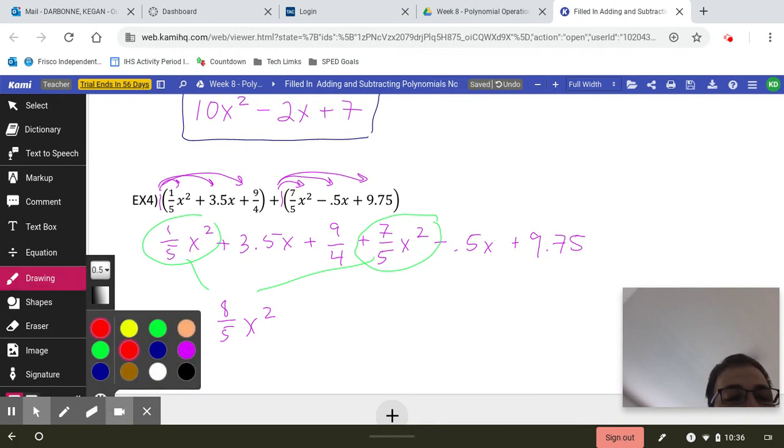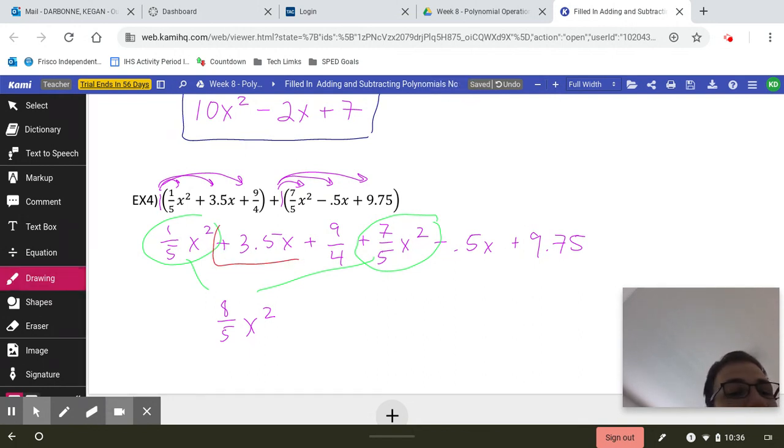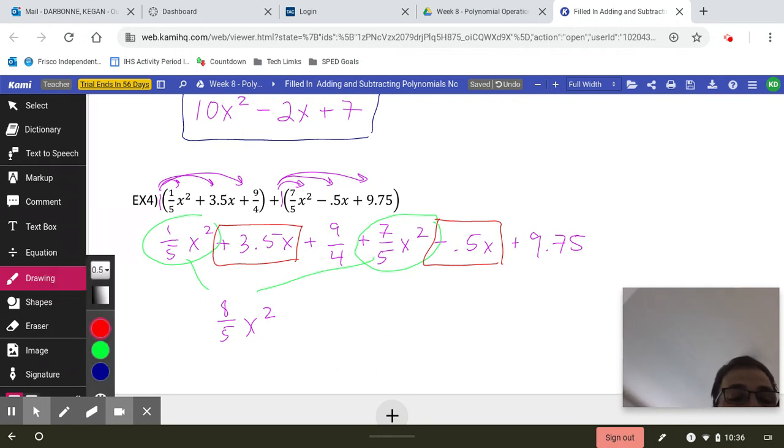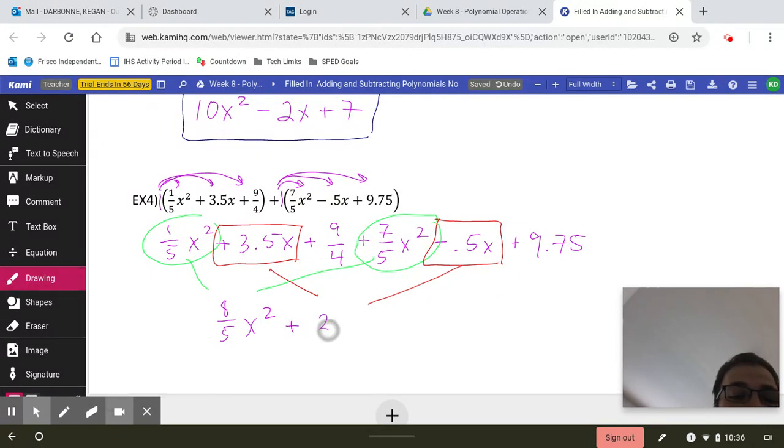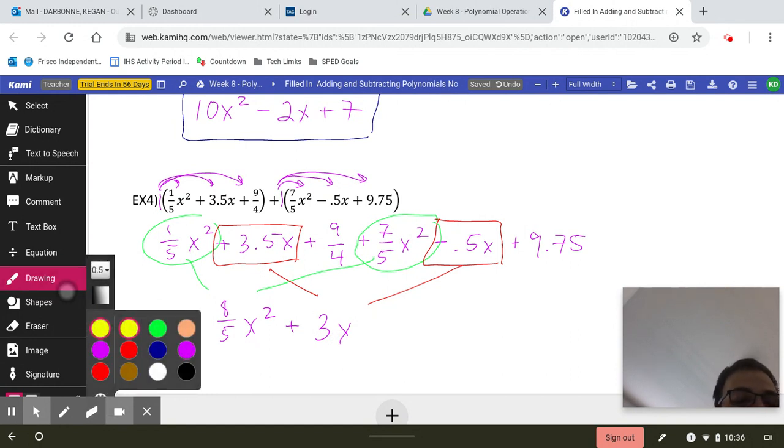Then moving on along, we have positive 3.5x and negative 0.5x. Those are different signs. So 3.5 minus 0.5 would just be 3. And then because the positive one is bigger, it's going to be positive. So positive 3x.